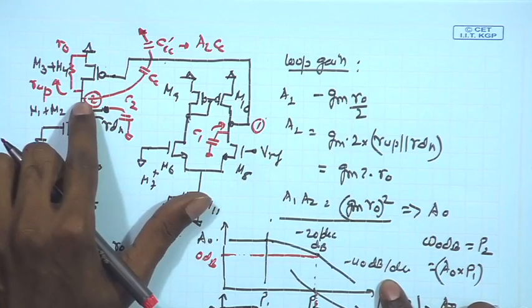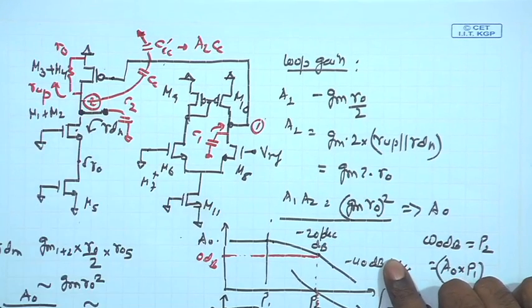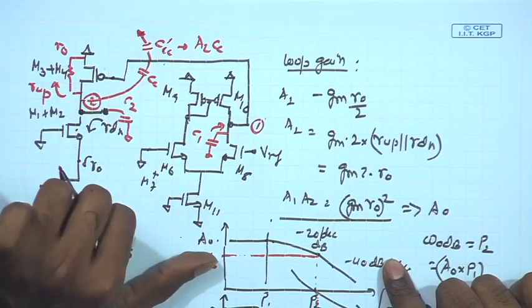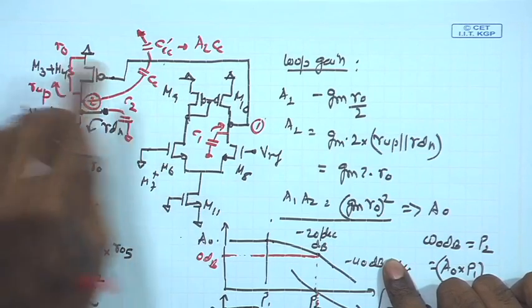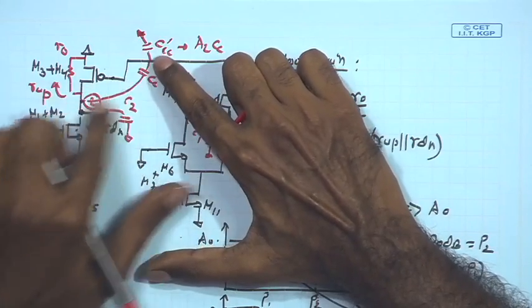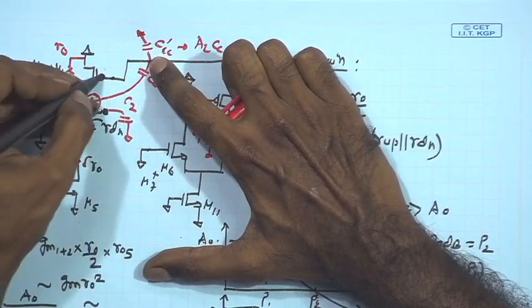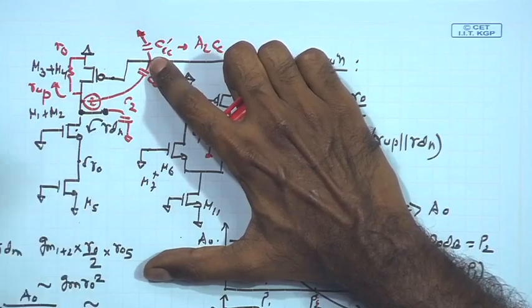And the second factor that can also help us in achieving further splitting is the overall reduction in the impedance between the gate of the PMOS transistor and the output node at higher frequency.